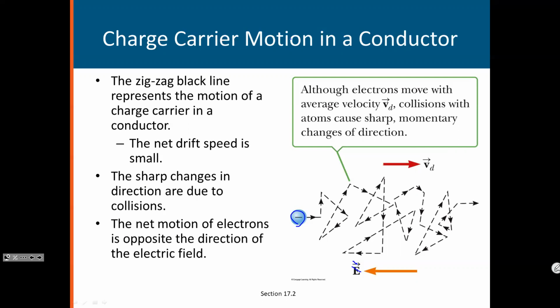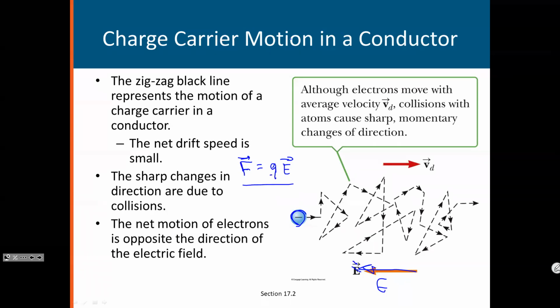But if you apply an electric field by connecting a battery, for example, let's say you apply an electric field to the left, like in this figure, this electron being a negative charge will experience the electric force in the opposite direction, because you know the relationship between electric field and the electric force is this.